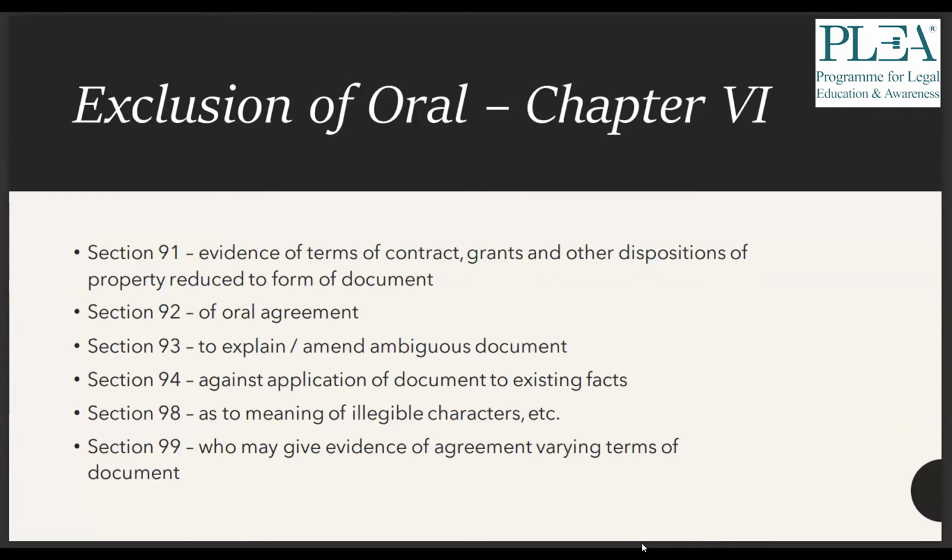Section 93 talks about evidence to explain or amend an ambiguous document. Now you have to prove a document with the help of a document to support your case. You cannot really go and explain it because there is ambiguity, right? So say, for example, you have two mark sheets and both are of the same semester, but in one mark sheet you have 91 marks and the other mark sheet says 81 marks. Maybe there is some misprint from where it has come, so you cannot just go and explain.